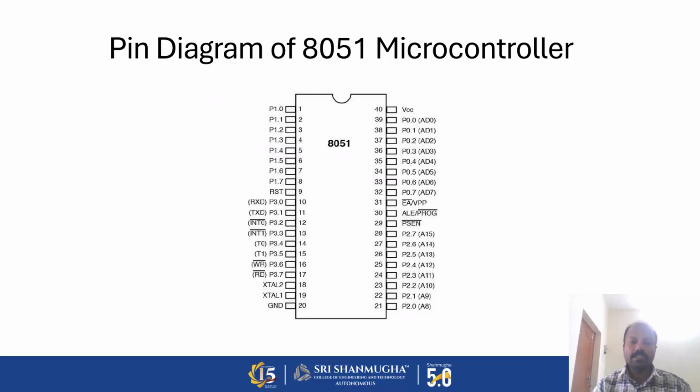The first 8 pins are used for communication through port 1, and the ninth is the reset pin, followed by RXD, TXD, that is for receiving and transmitting, interrupt 0 and 1, timer 0 and 1, write and read commands. The 8 pins from 10 to 17 are used by port 3, followed by XTAL2 and XTAL1, that is the crystal frequencies, and then ground, followed by pins 21 to 28 used for port 2 for address lines. Here, 8 address lines can be communicated through port 2.